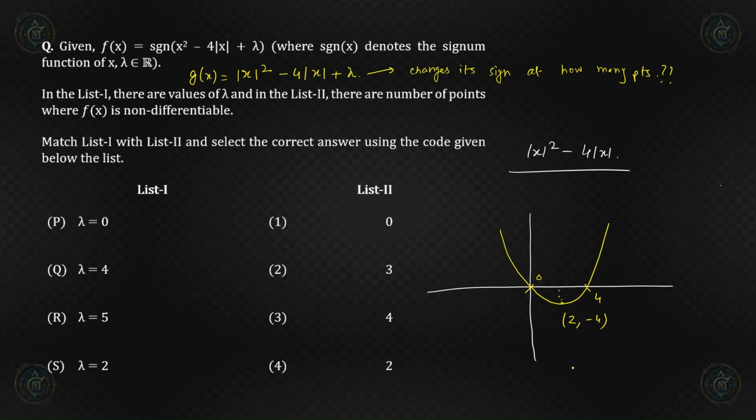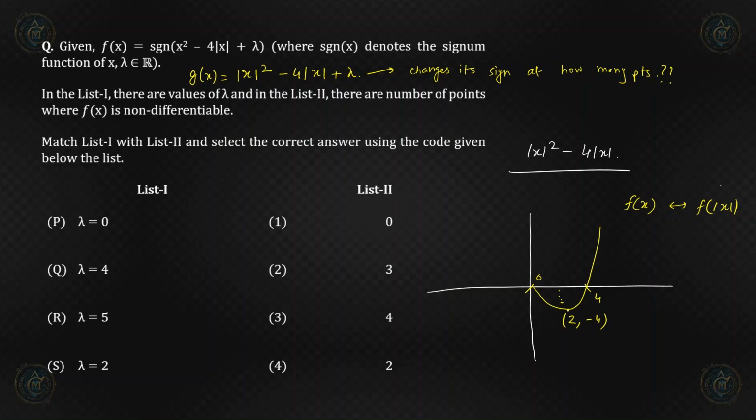So what will be the graph of mod of x square minus 4 mod x? We know if we want to transform this f(x) into f of mod x, we need to erase the negative x-axis part of this graph of y equal to f(x) and take the mirror image of the remaining graph above y-axis. So this graph will look something like this. Then this part is erased.